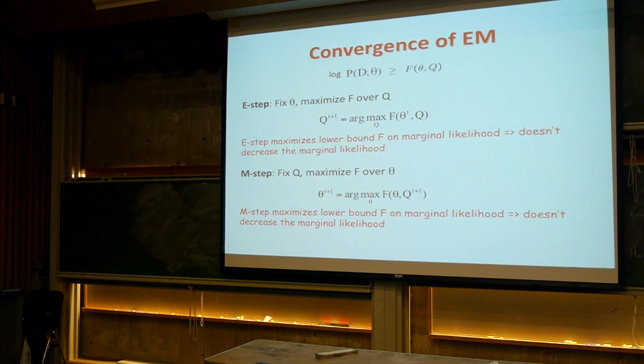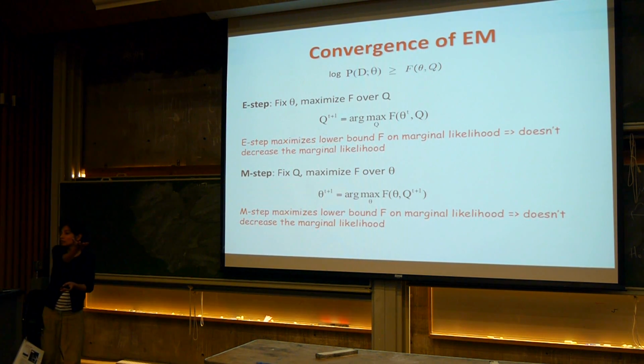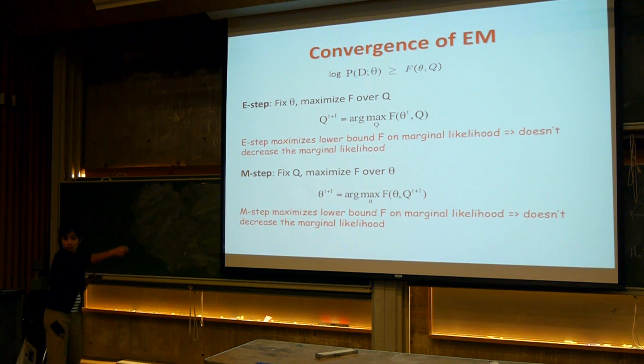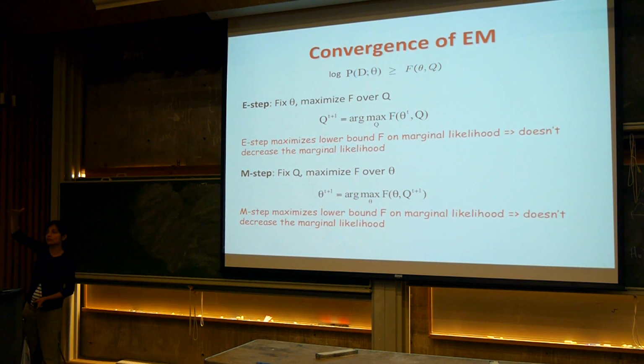So going from one step to another, we are just increasing the value of this lower bound. So at every iteration, which means one E and one M step, we have only increased our value of the lower bound. And we know that the likelihood is always bounded. Likelihood can't be unbounded. So we'll eventually reach a local optimum.